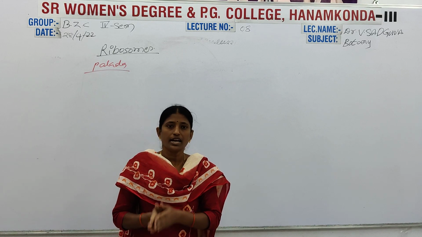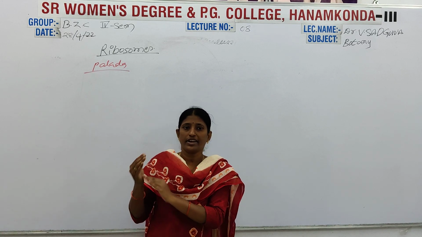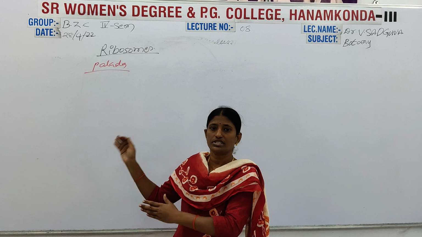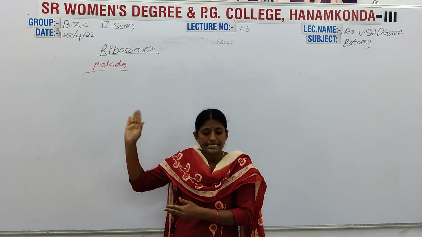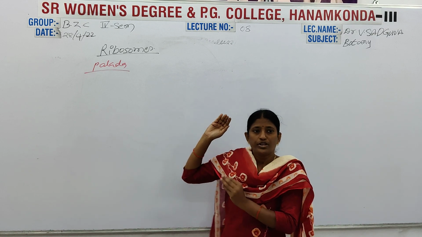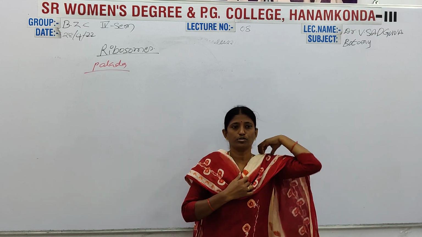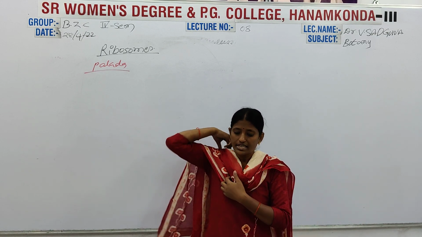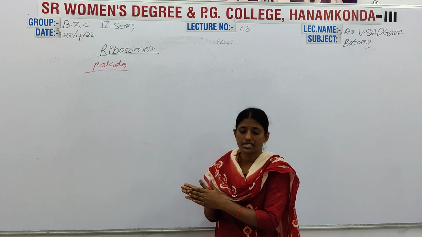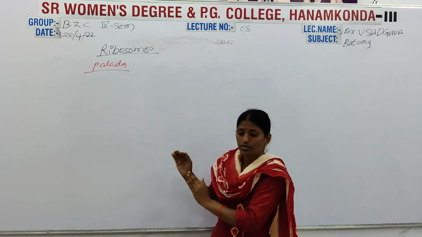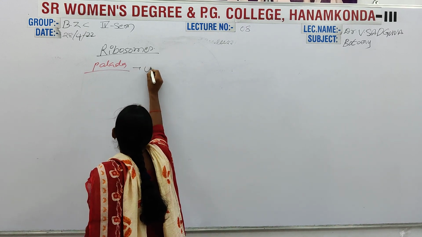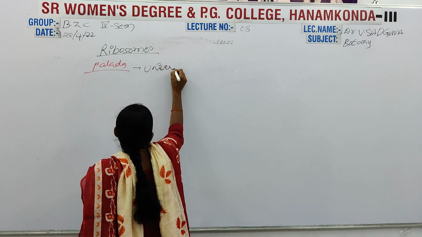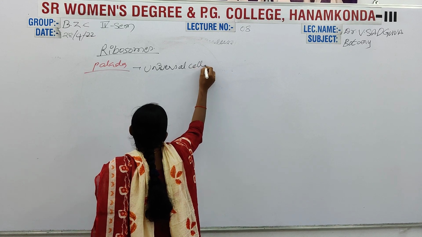Compared to other cells, ribosomes are very small. Ribosomes are very small cells. They are universal and completely primitive.